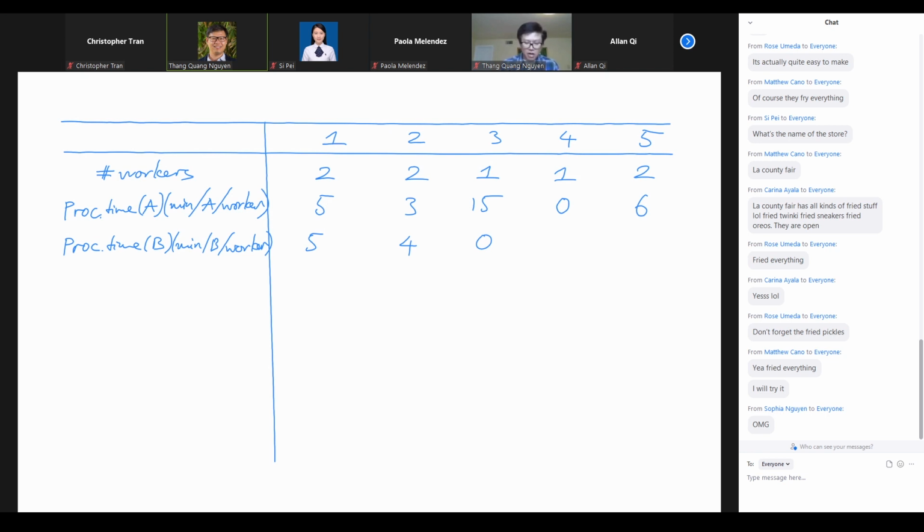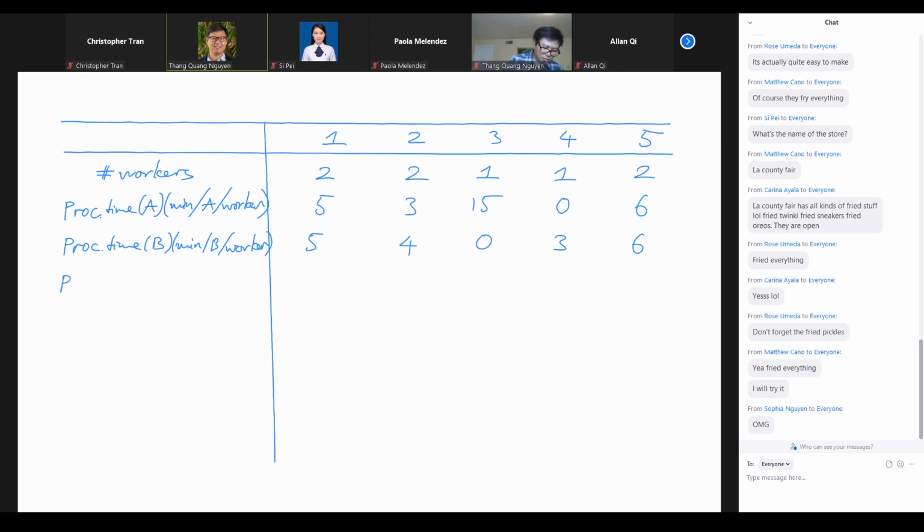And then at 4, we have 3 minutes, and at 5, we have 6 minutes. All right, so that's the processing time. And that's why earlier when we drew product B, we see that product B skips number 3. So by the nature of the process and the products, B skips resource 3.